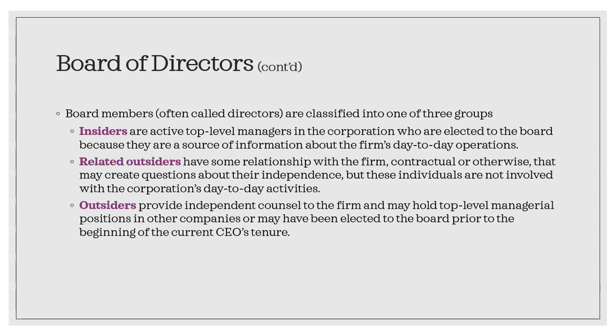Then you have the outsiders that provide independent counsel to the firm and may hold top-level managerial positions in other companies or may have been elected on the board prior to the beginning of the current CEO's tenure.